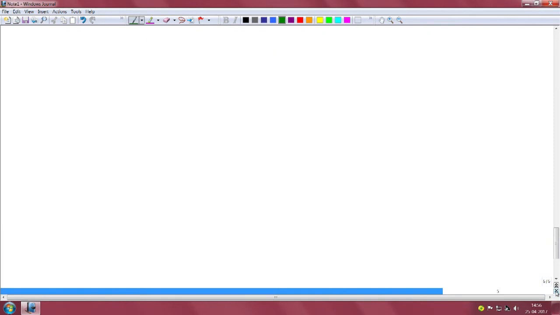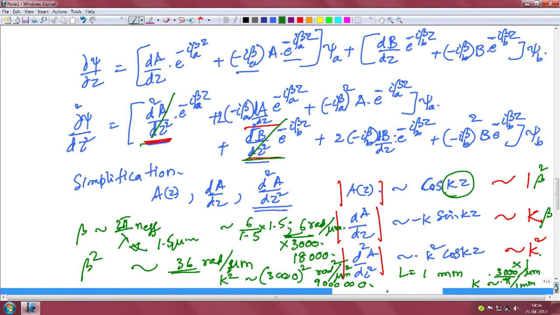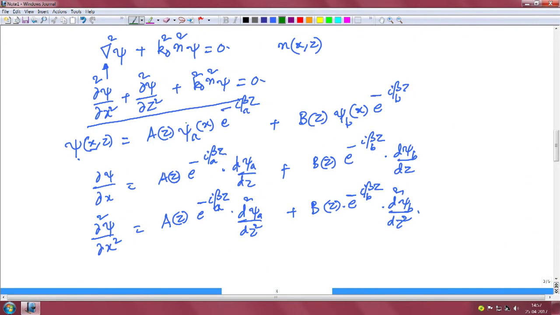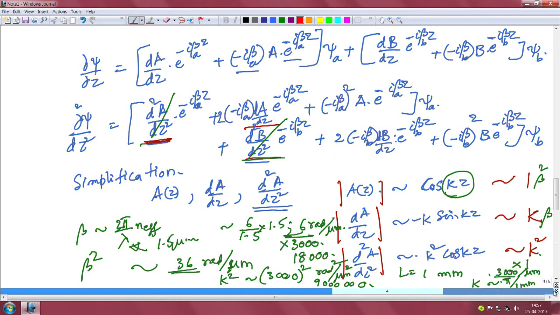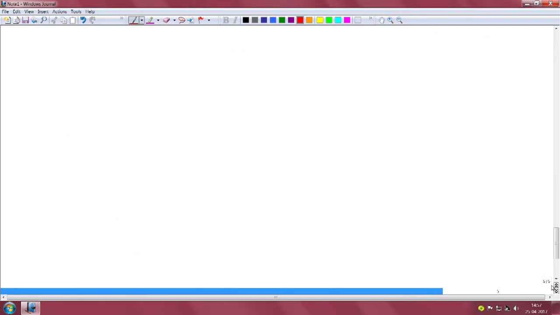So we will reduce this and then substitute into the original wave equation and evaluate. So the original wave equation can be written like this.